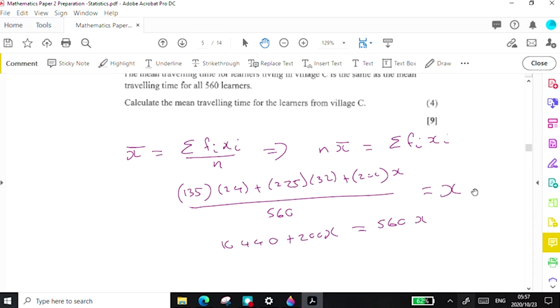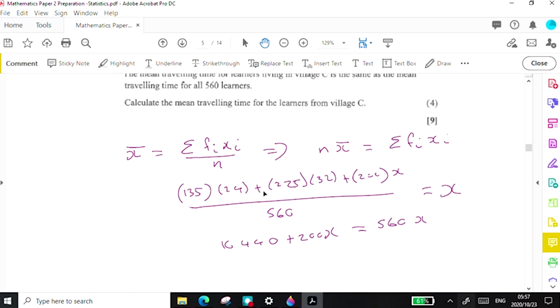If we multiply both sides by 560, we get the 560x, and what is on the left is just the numerator.